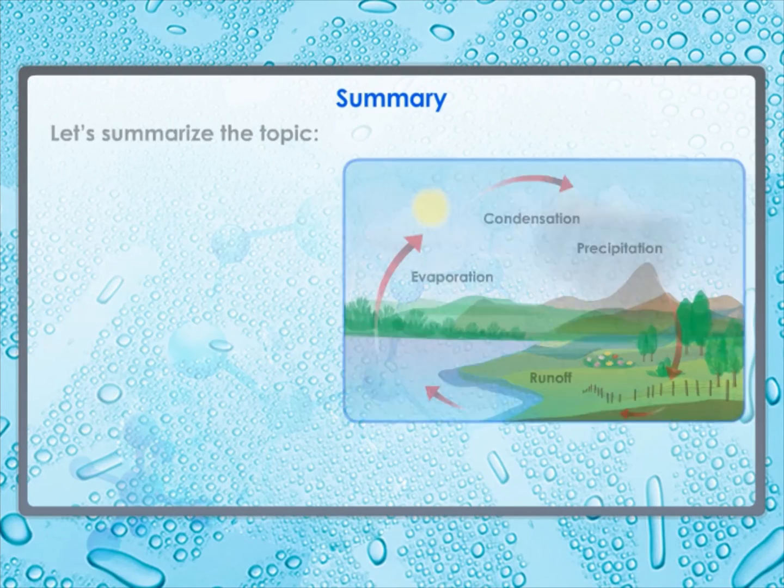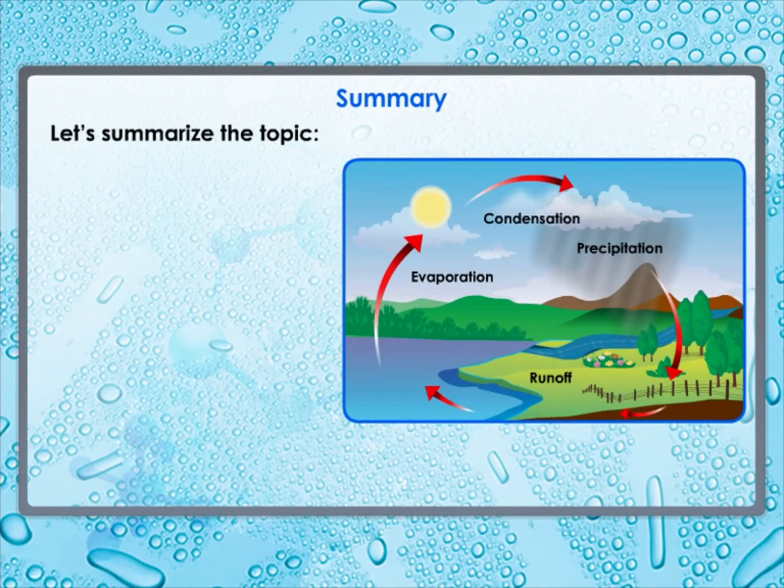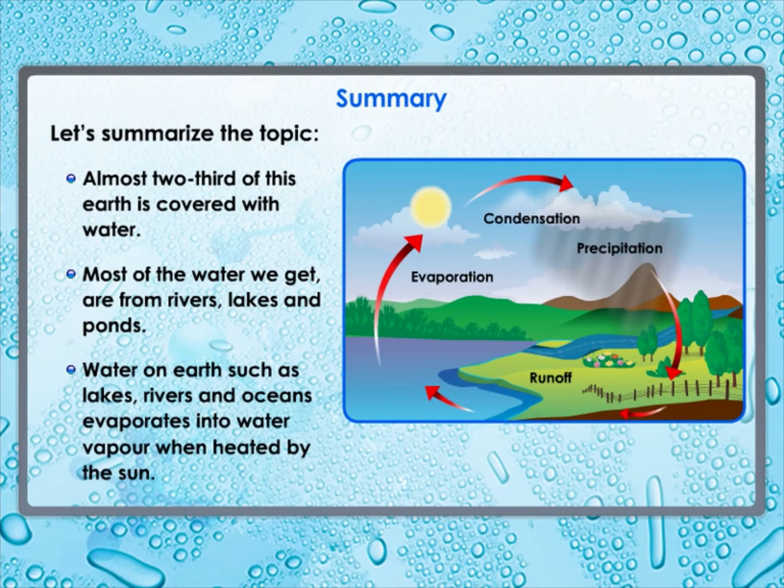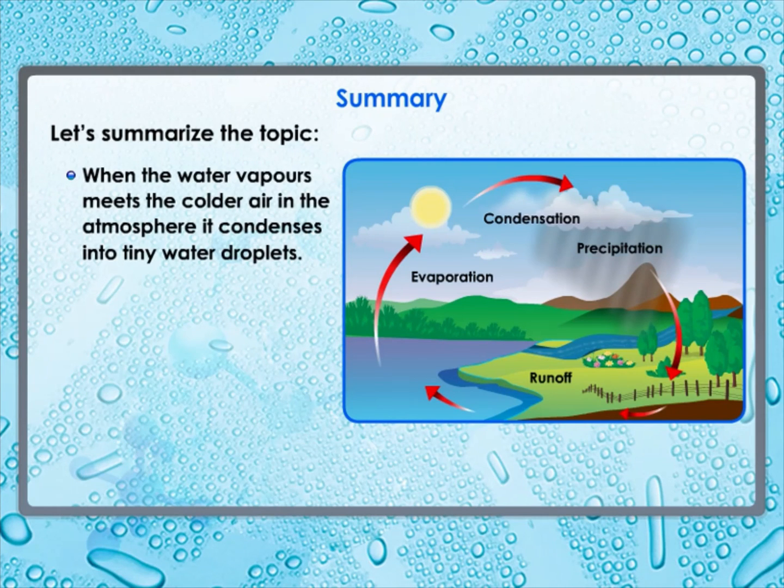Summary. Let's summarize the topic. Almost 2/3 of this Earth is covered with water. Most of the water we get are from rivers, lakes, and ponds. Water on Earth, such as lakes, rivers, and oceans, evaporates into water vapor when heated by the sun. When water vapor meets colder air in the atmosphere, it condenses into tiny water droplets.